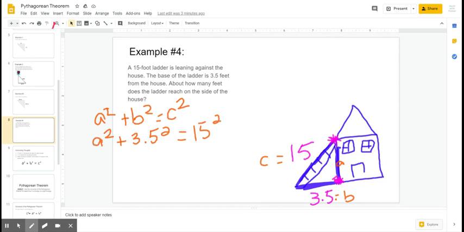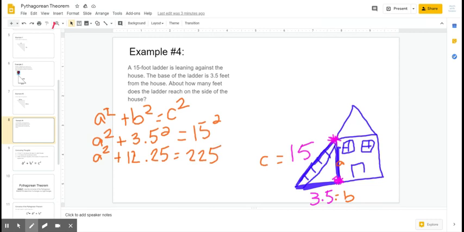So A squared, we're still going to drop that down because we don't know what it is. 3.5 squared is 12.25. And 15 squared is 225.